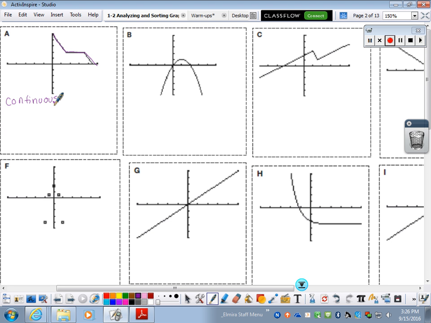Sorry, we had a little announcement. I couldn't get the pause button in time. If I come down here to graph F though, graph F is what we call discrete. It is discrete because we have individual points that are not connected. So you will have to differentiate on your homework tonight between continuous and discrete.